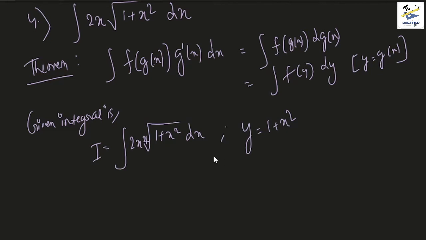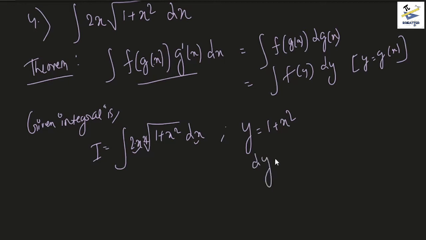Because I realize that the integral of 2x into root over 1 plus x square can be solved if we eliminate this root over 1 plus x square thing. When I substituted y equals 1 plus x square, I saw that the derivative of 1 plus x square is just 2x, which is given along with dx. So 2x dx would be substituted into a single dy, which is what we wanted. So the derivative of 1 plus x square is already given outside.